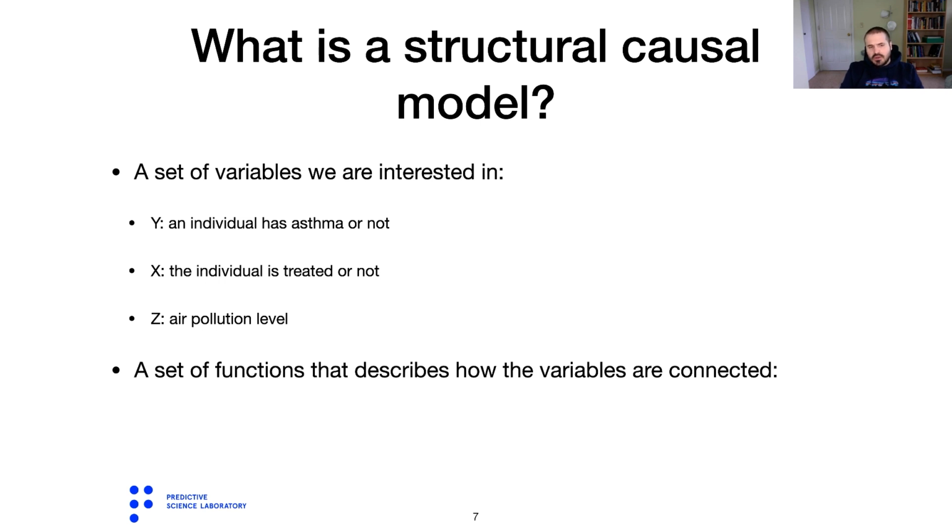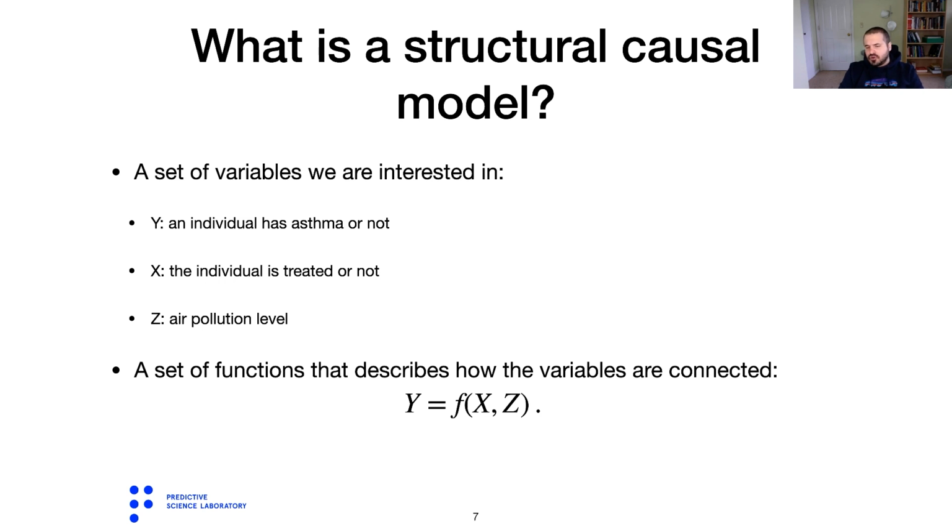The next thing we need to do is come up with functions that describe how these variables are connected. Here, for example, we may need the function f that tells us how x and z, the treatment and the air pollution level, conspire to give a value to y, which is whether or not the patient has asthma.